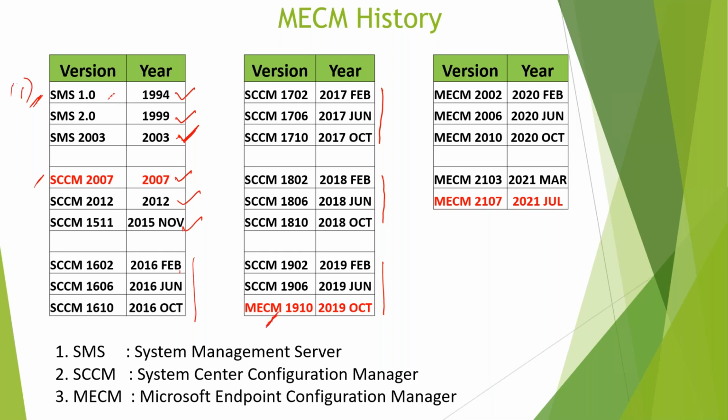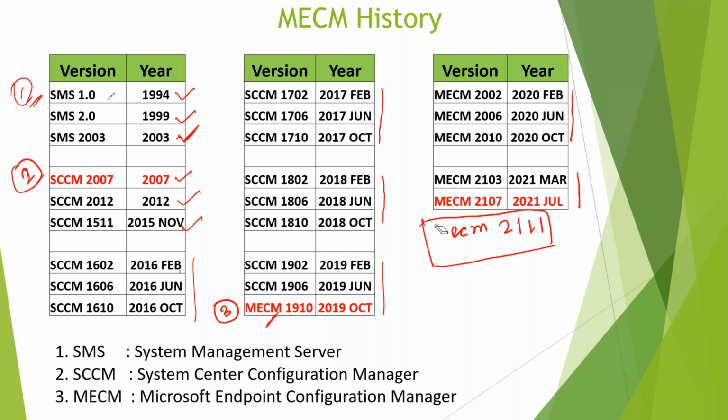You see, the first name SMS, second name SCCM, and this is the third name from 2019. So MECM released 3 versions in 2020 and 3 versions in 2021, last year. MECM 2111 is the latest and greatest version of SCCM at the moment.